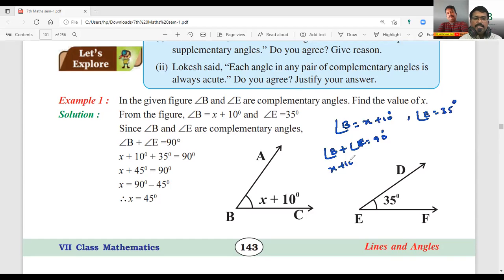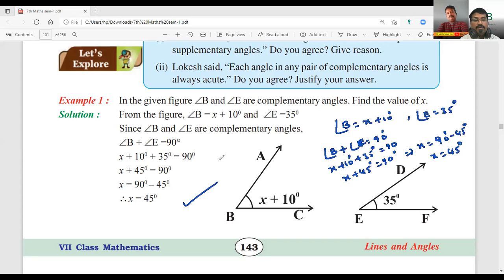So x plus 10 plus 35 degrees is 90 degrees. So x plus 45 degrees is 90 degrees. So x is equal to 90 minus 45. Okay, x is equal to 45 degrees. Yes, we can conclude that.